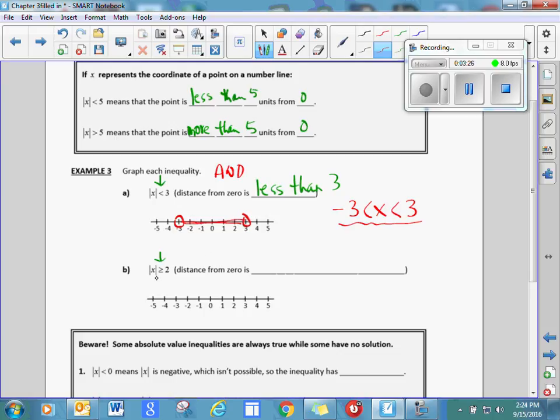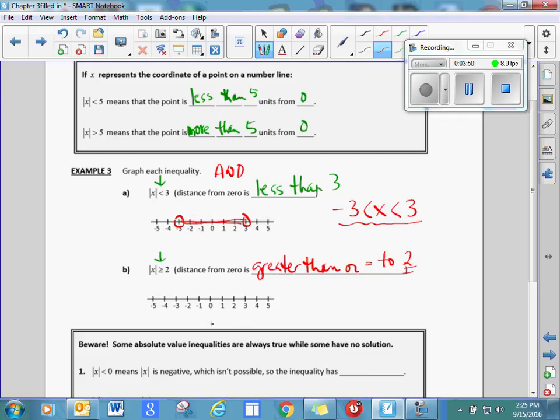This guy says the absolute value of x is greater than or equal to 2. His distance then from 0 is greater than or equal to 2.